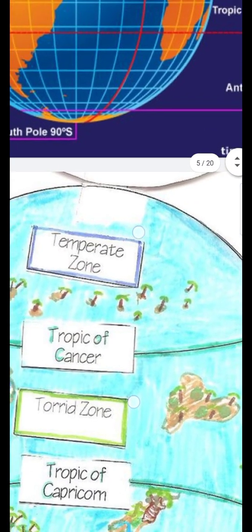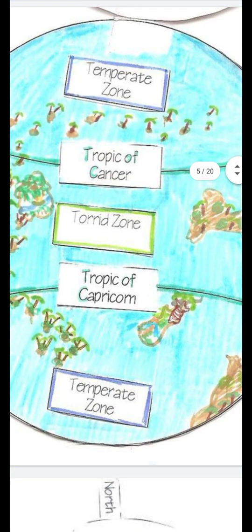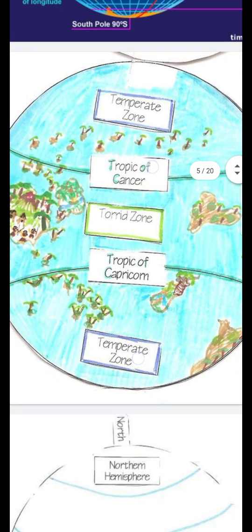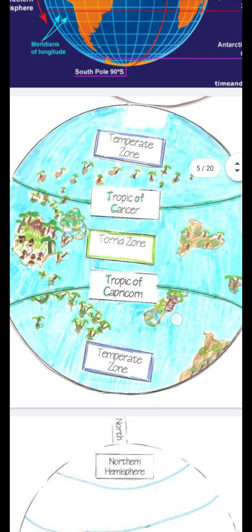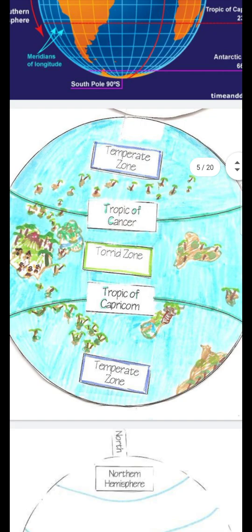Now we see there are three types of temperature zone. Okay, here is some diagram. Tropic of Cancer lies in the northern hemisphere and Tropic of Capricorn lies in the southern hemisphere. In between is the torrid zone. The temperate zone is fixed.